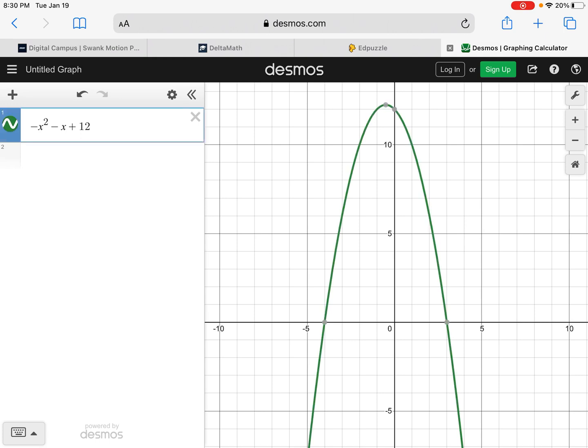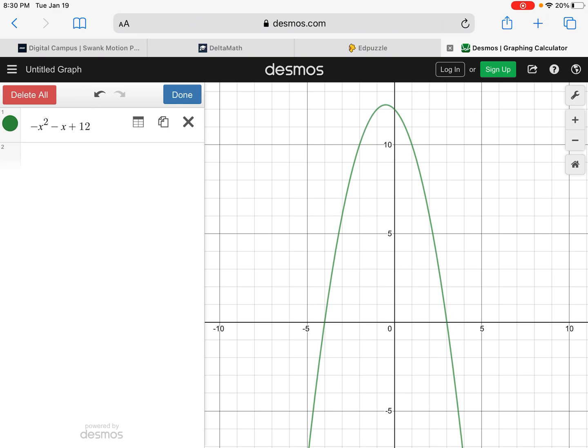All right. And then if you touch the curve, notice how I just tapped the curve? The gray points appear. X-intercept, x-intercept, y-intercept, vertex, right? If you want your curve to be a different color, you can come over here to the little squiggle next to the equation, right?